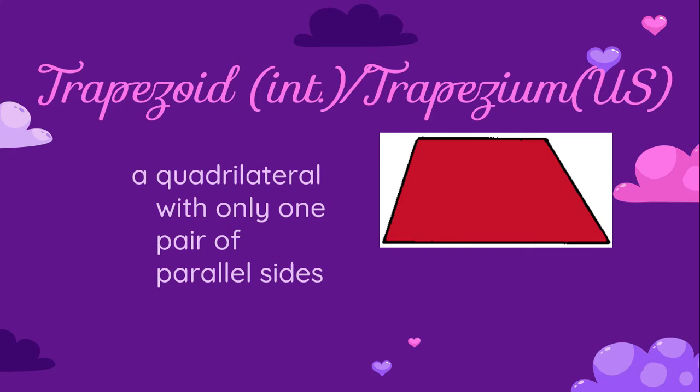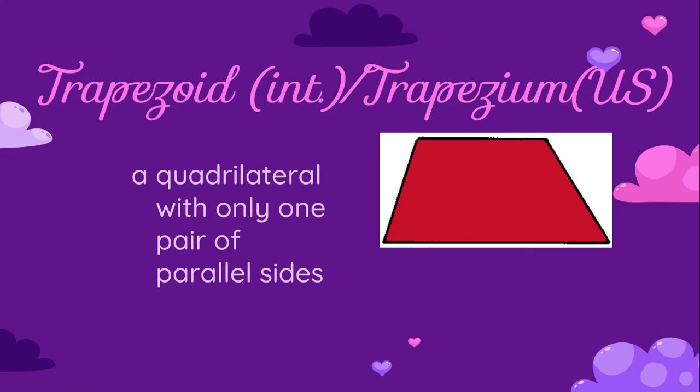What do you mean by parallel sides? Two lines or two sides will never meet. In our example, the pair of parallel sides is the base at the top and the base at the bottom. If we extend this length, they will never meet. They will never form a vertex or a corner.